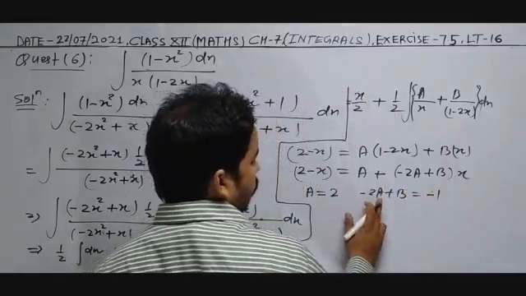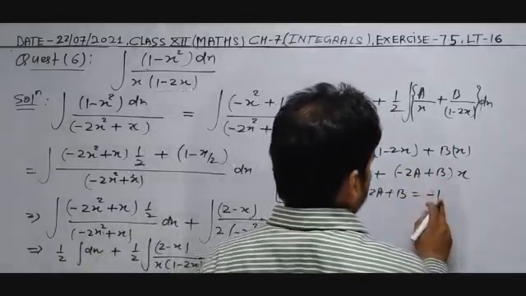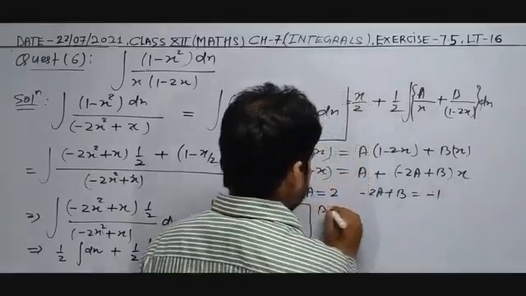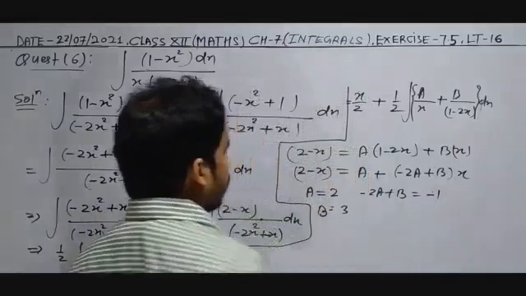So minus 4 will transfer to the right, so plus 4 minus 1 result will be 3. This implies b is equal to 3.